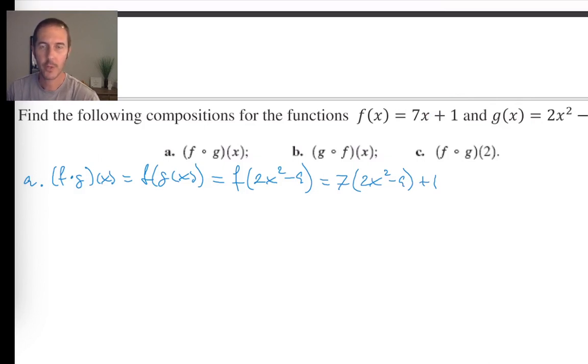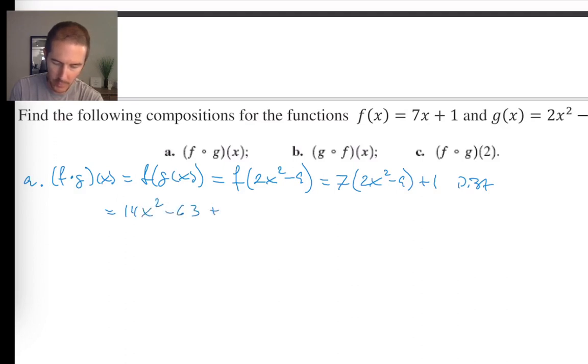From here, all we have to do is distribute and combine like terms. But make sure, go back, watch this again if you need to, and make sure that you understand how we got to this point. From here, I'm going to distribute, dist for distribute, so that equals 14x squared minus 63.